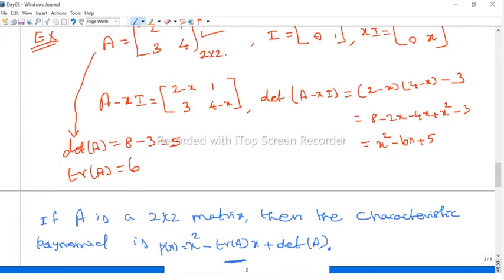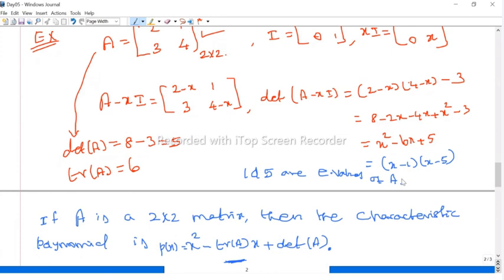Both are positive, therefore we can factor this into x minus 1 and x minus 5. Therefore 1 and 5 are roots of this, so 1 and 5 are eigenvalues of the given matrix. So the roots of the characteristic polynomial are called eigenvalues of the matrix.